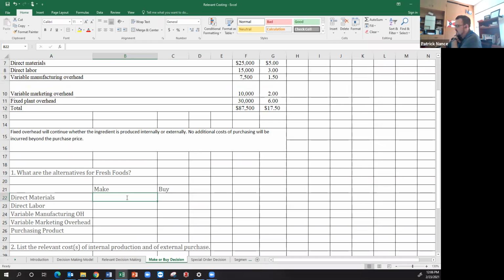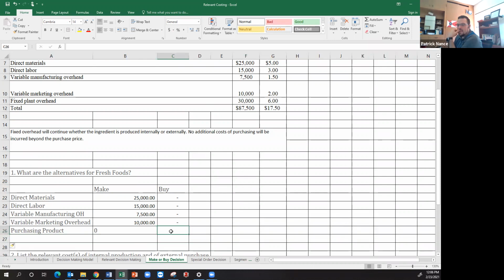So to make the product, I'm going to use the $25,000 worth of direct materials, the $15,000 worth of direct labor, the $7,500 worth of variable manufacturing overhead, and the variable marketing overhead, but I'm not going to use the fixed cost. If I buy it, I would have no direct materials, no direct labor, no variable marketing overhead. If I make it, I wouldn't have any cost in purchasing the product.